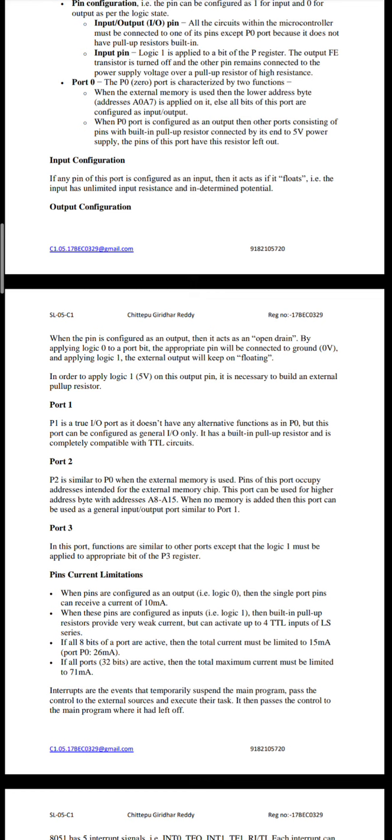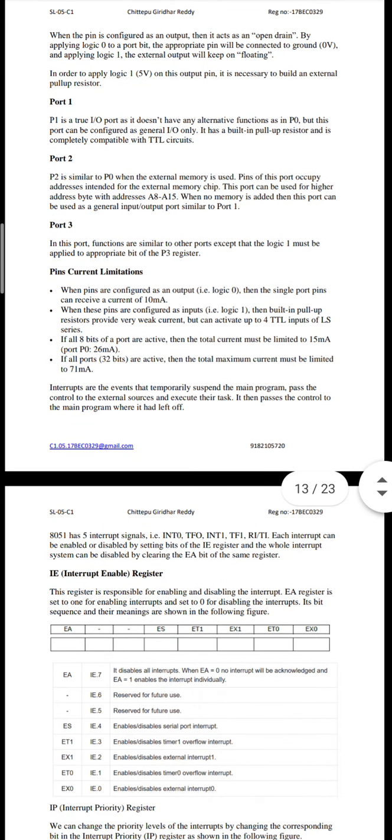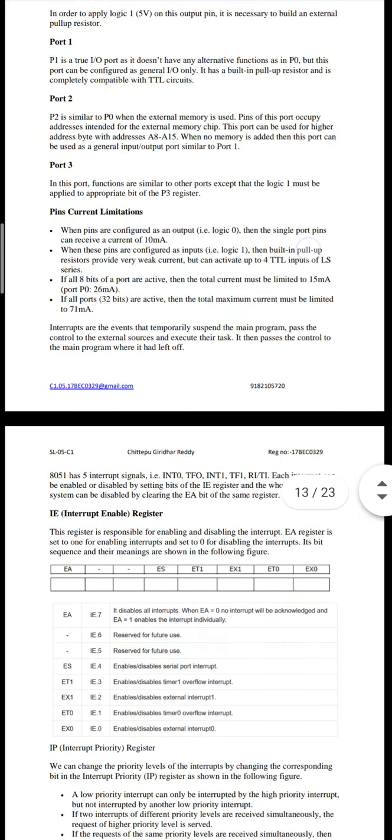By applying logic 0 to a port bit, the appropriate pin will be connected to ground, and by applying logic 1, the external output will keep floating. We have port 1, port 2, port 3 and their descriptions, and the pin current limitations. When pins are configured as an output, the port pins can sink a current of 10 milliamperes.